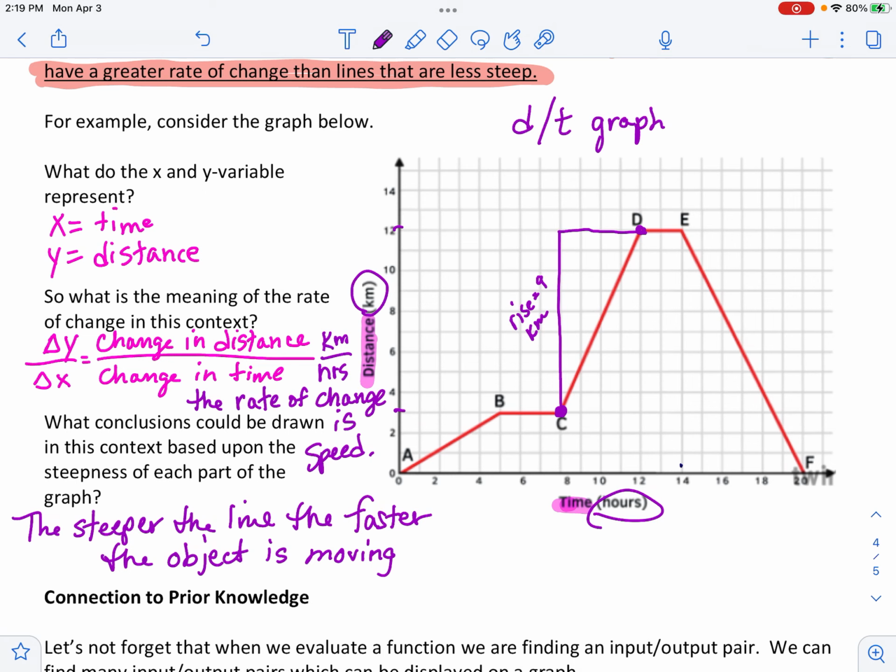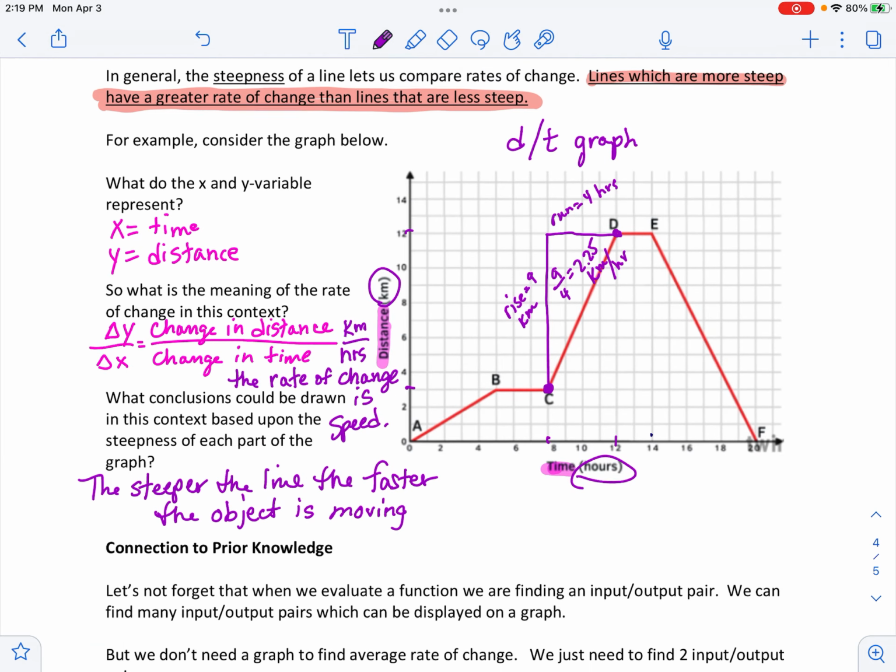And the run goes from 8 to 12, which is 12 minus 8, or 4 hours. So it traveled 9 kilometers in 4 hours. 9 over 4 is 2.25 kilometers per hour.